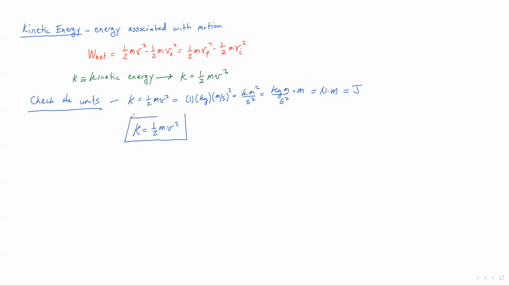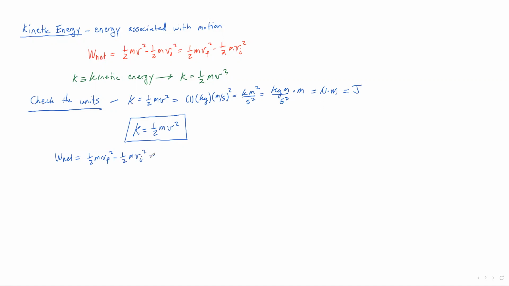So now we have an equation that'll give us the kinetic energy, the energy associated with motion. We'll go on to get the potential energy, but first we want to work with this a little bit because it's related to the work. So again, what do I find here? I find that W net is equal to 1/2 m vf squared minus 1/2 m vi squared.